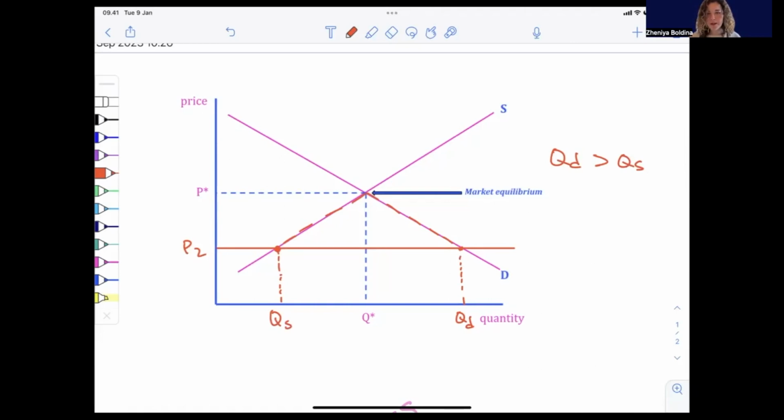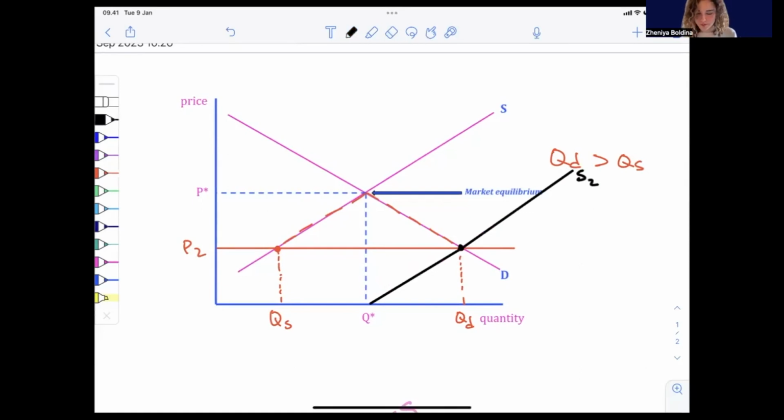And so to answer this question, there will be a shortage in the market, and to fix that, our supply curve will shift to the right to meet the new equilibrium of quantity demanded and supplied. So we can see here that will be our new supply curve at S2.